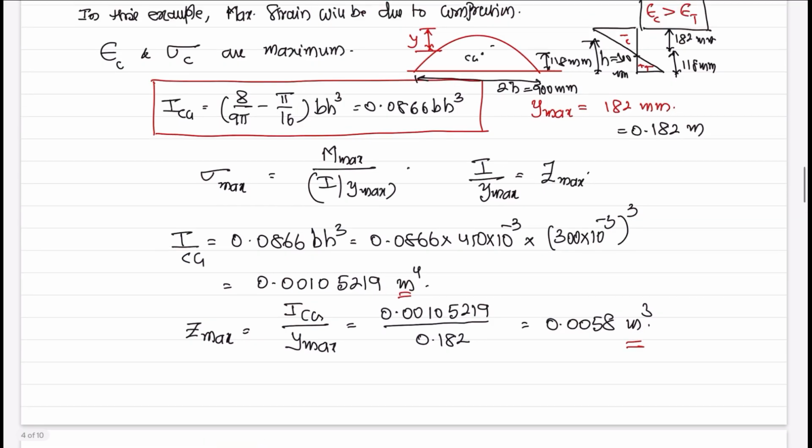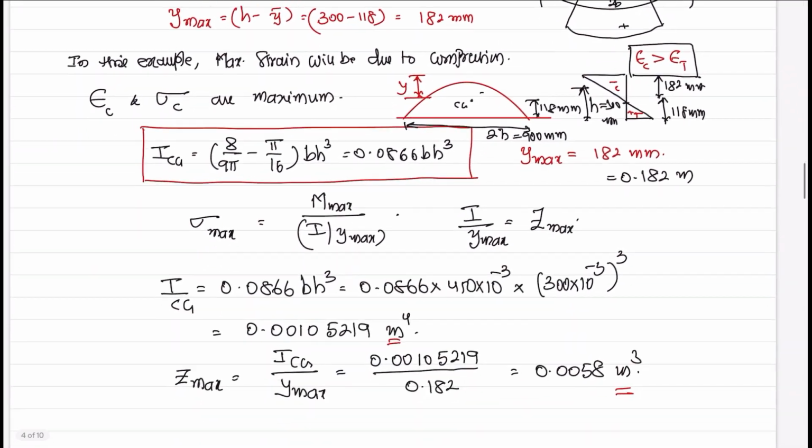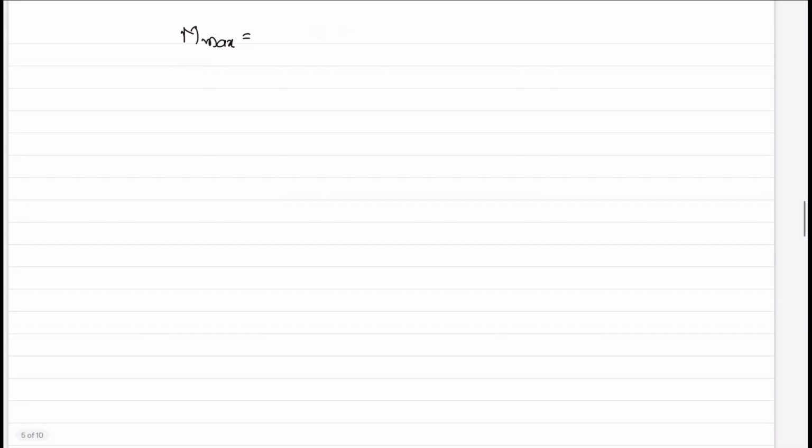What is the value of M max that we calculated previously? 0.5 kilonewton meter. Let us convert into SI unit. 0.5 kilonewton meter is equal to 0.5 into 1000 Newton meter, which is 500 Newton meter.